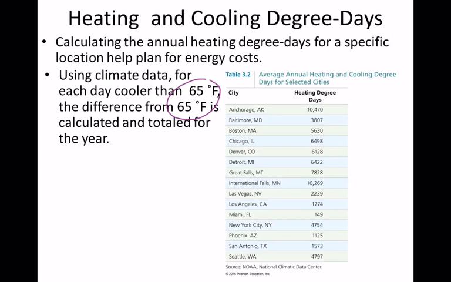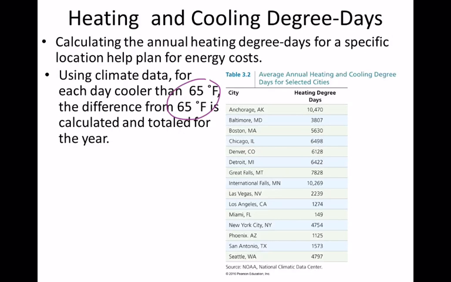And then they use climate data to see how far away the temperature outside is from what you're going to set your thermostat. And they do a little difference. And then basically they add all of those differences together throughout the year if it's an annual sort of thing.